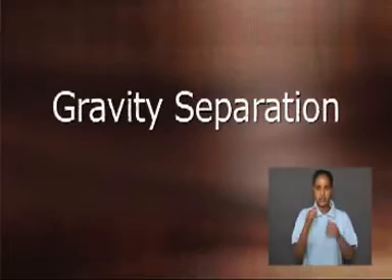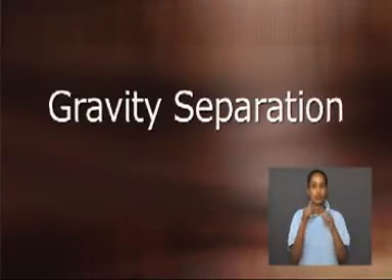Gravity separation can be used to separate gangue from ore. This method depends on the difference in density between the mineral and the gangue. For example, gold can be separated from gangue using gravity separation because gold has a very high density.